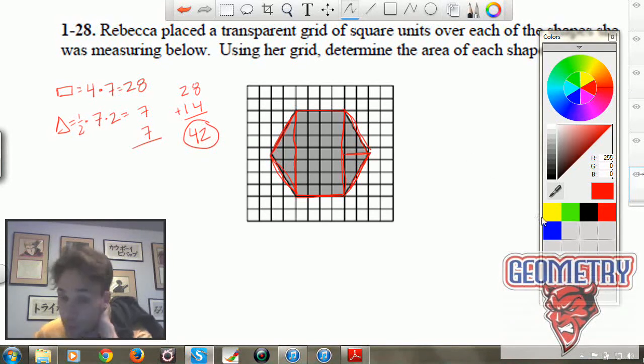But I said there was another method we could use as well, and that method is called the subtraction method. What we're going to do for that, let's try 3 here, is make a big box around this object.